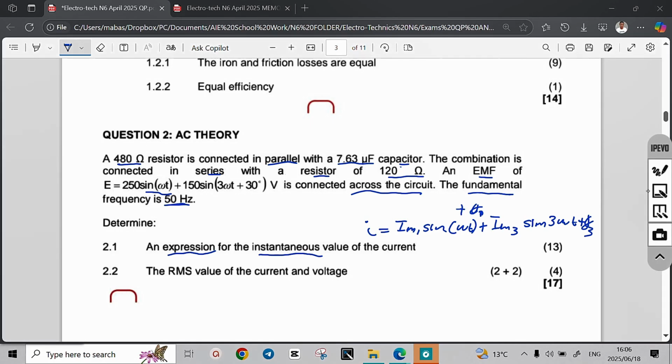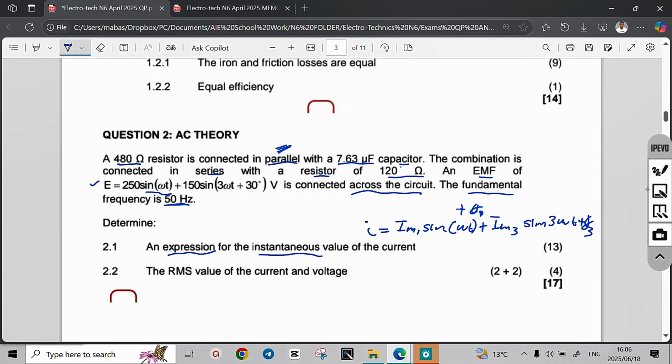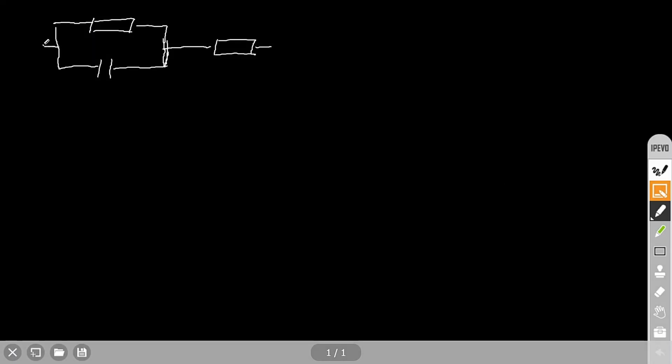What else do they give us? The combination, which means this parallel combination, is connected in series with a resistor of 120 ohms. And then they gave us our voltage.